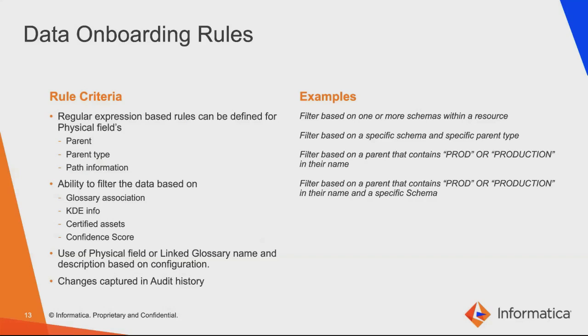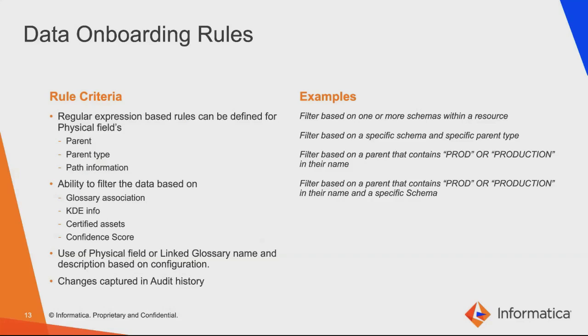Now, on the right, what you see are some examples of the kind of rules that you can create. For example, you can say, filter only based on one or more schemas. So for a resource, I only want to bring in assets that belong to one or more schemas, say a couple of schemas as an example. You can also say, bring in everything where the parent name has prod or production in its name. Again, it's a regular expression and you can provide that.